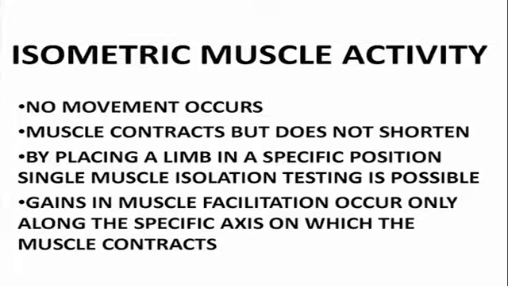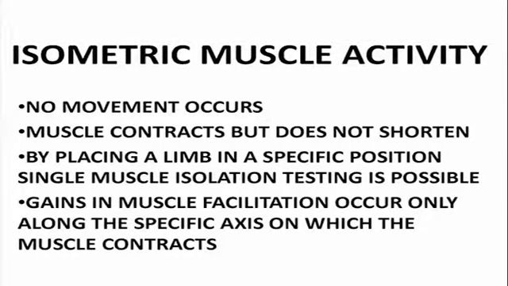The muscle contracts but does not shorten. By placing a limb in a specific position, single muscle isolation testing is possible. In physical disability determination, they can identify which muscle specifically is not functioning and is disabled. It measures gains in muscle facilitation that occur only along specific axes on which the muscle contracts.